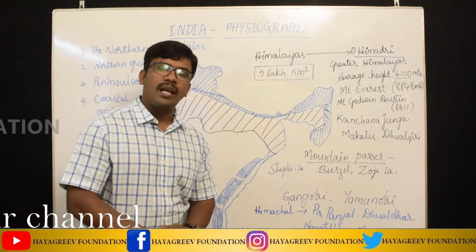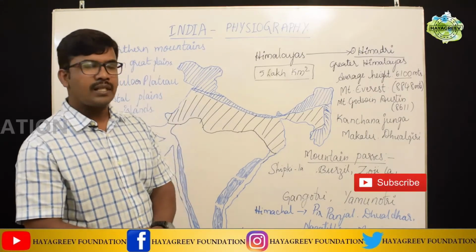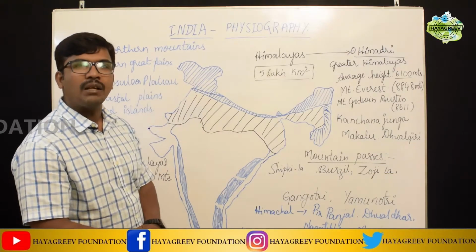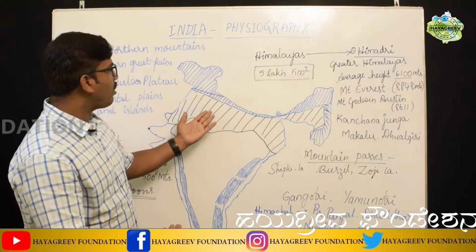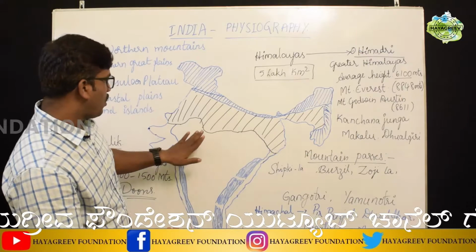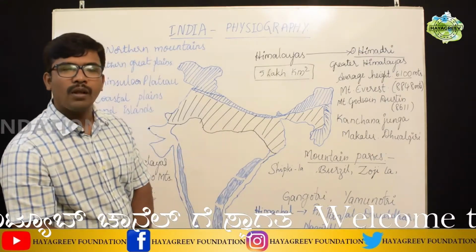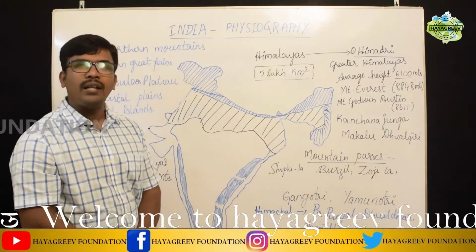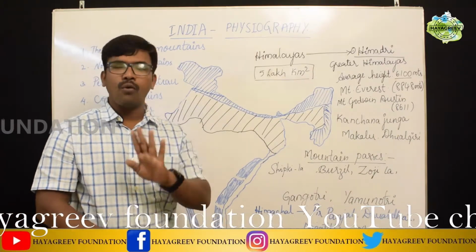India's physiography is classified into 4 divisions: the northern mountains, that is the Himalayan mountains, then the great northern plains, then the peninsular plateau, and then the coastal plains and islands.